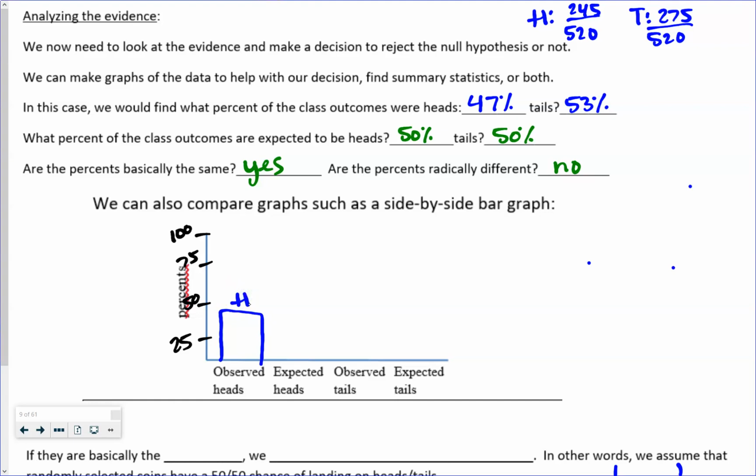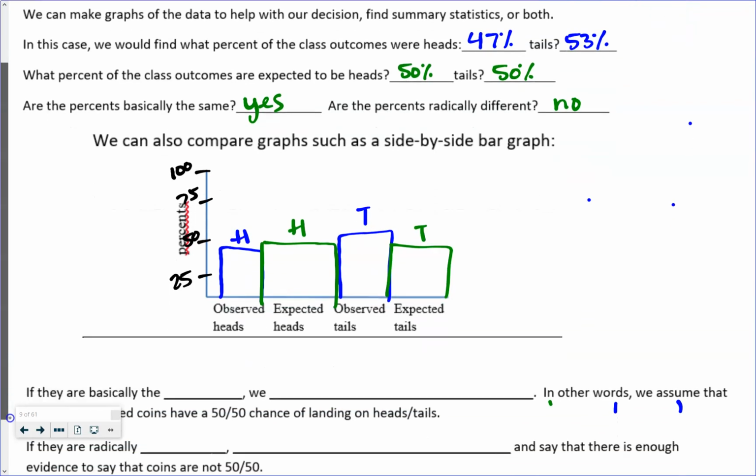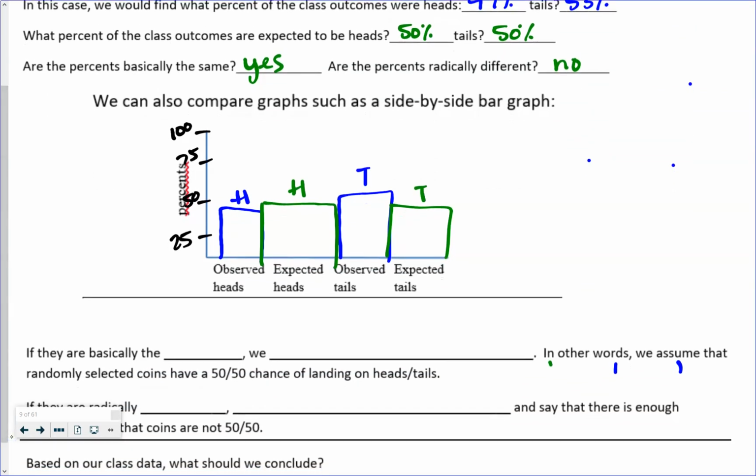And then we observed 53%, so a little bit above, of our tails. And what did we expect? We expected right at 50 for my heads, and right at 50 for the tails. So we can compare percentages, we can compare histograms, a side-by-side bar graph.